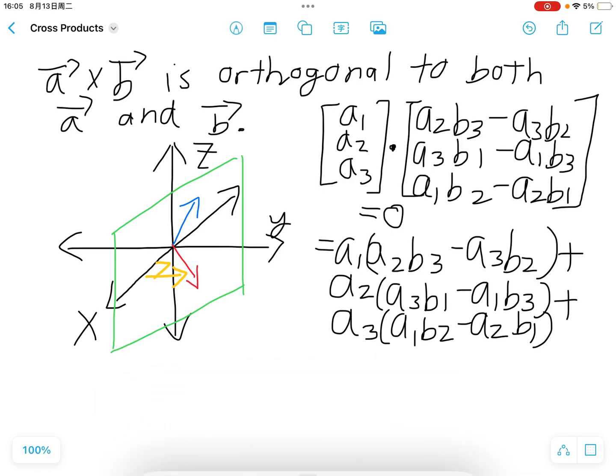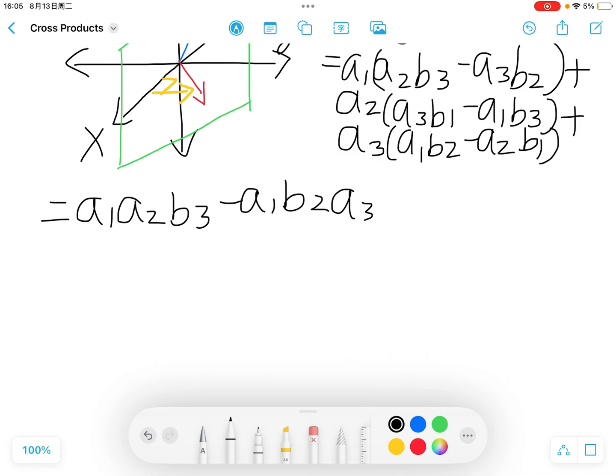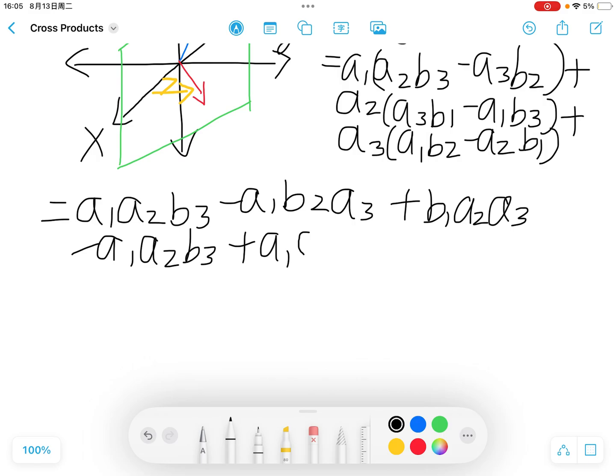So it is equal to 0, and let me just expand this to show you how. This is equal to A1 A2 B3 minus A1 B2 A3 plus B1 A2 A3 minus A1 A2 B3 plus A1 B2 A3 minus B1 A2 A3.